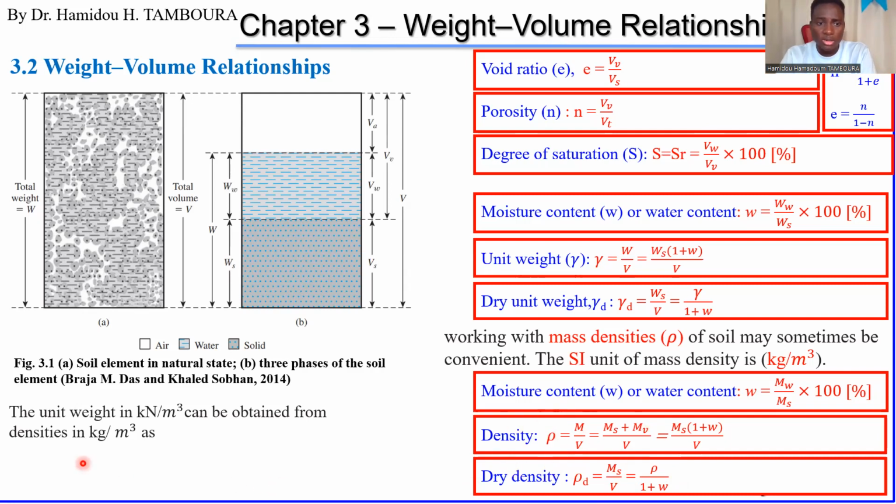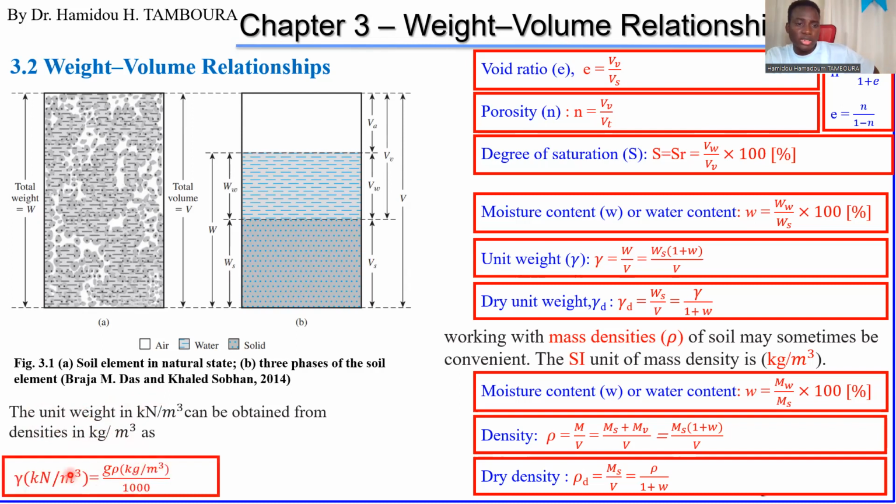But sometimes you need to calculate, for example, the pressure, the stress in the soil. So in that case, working with the weights is convenient. So sometimes you will need to convert, to go from this to this, or from here to here.